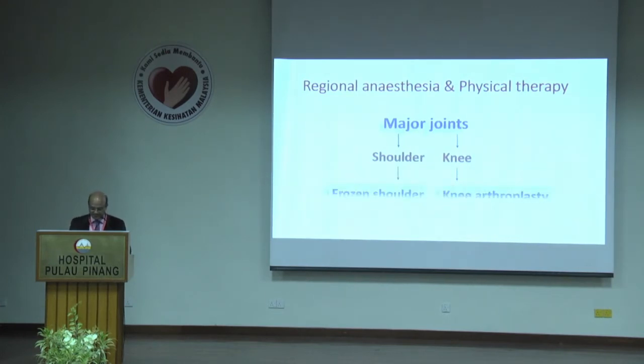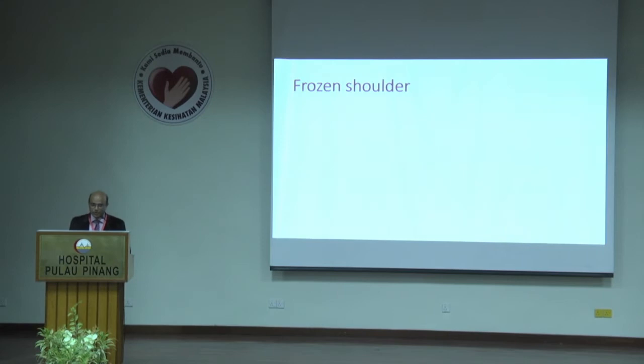The conditions which you normally encounter, where pain has to be relieved so that the patients can undergo good physiotherapy exercises, are one, frozen shoulder, and the other, knee arthroplasty. So let's talk about the frozen shoulder first.